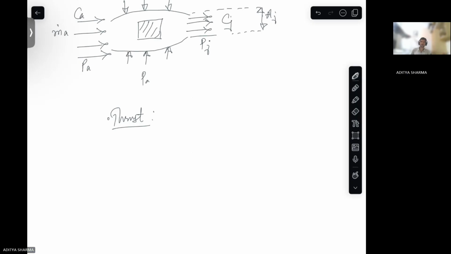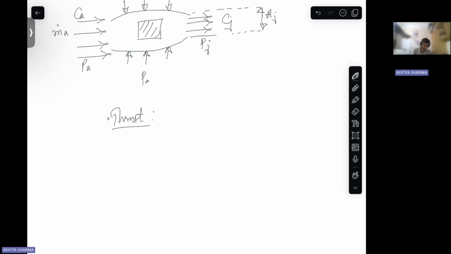Thrust here is composed of two components. First is your change in momentum of your working fluid, right? And then is the pressure difference between your inlet and outlet, your front and back.